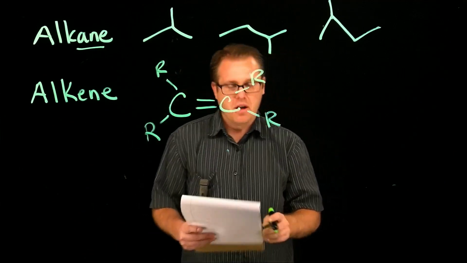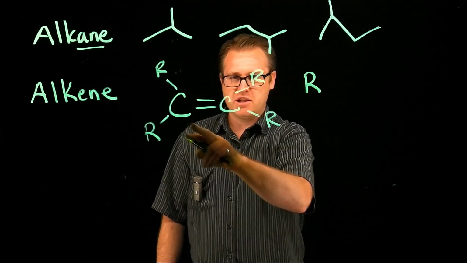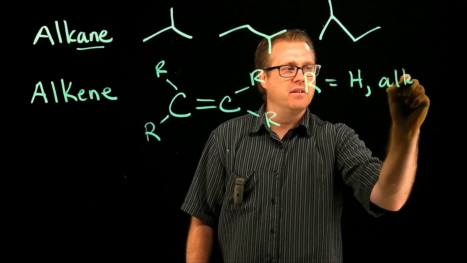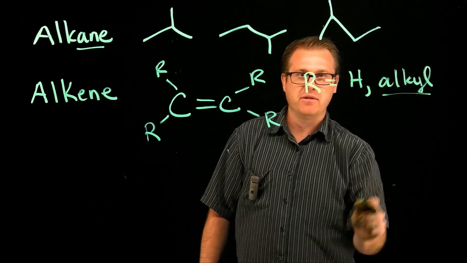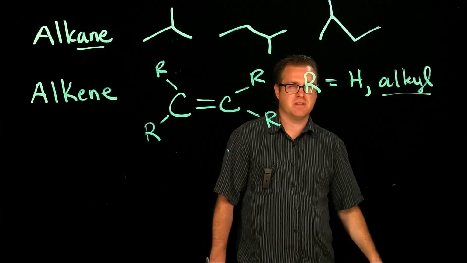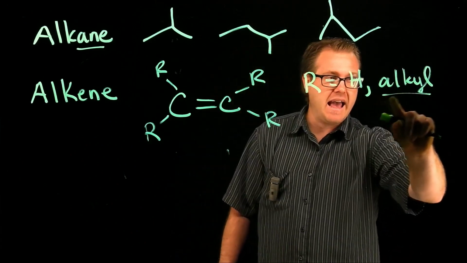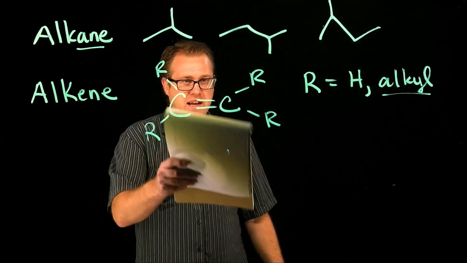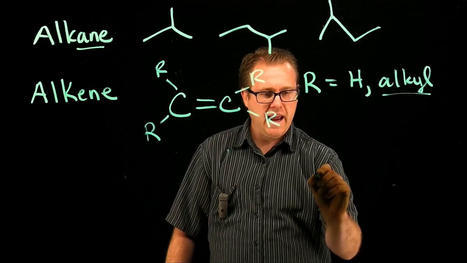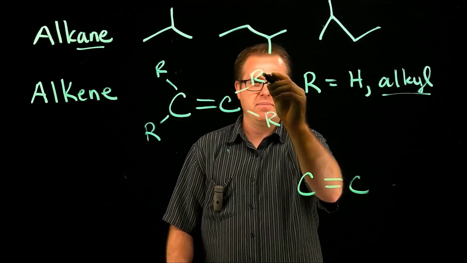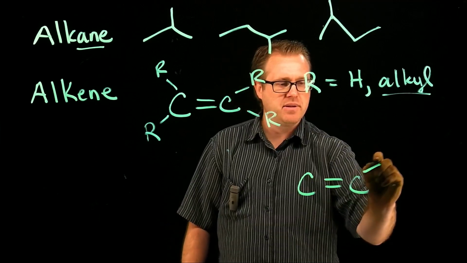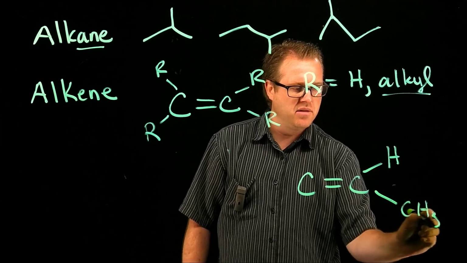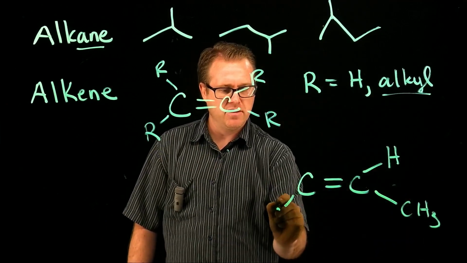And this is where the R's in this generic formula can be hydrogen or alkyl. Remember, alkyl is just adding carbons and hydrogens. Or alkyl is adding a carbon chain. So if we look at this generic alkene, we could take it and replace, let's say this R, let's replace it with a hydrogen. This R, let's replace it with a methyl. This R, let's replace it with an ethyl.